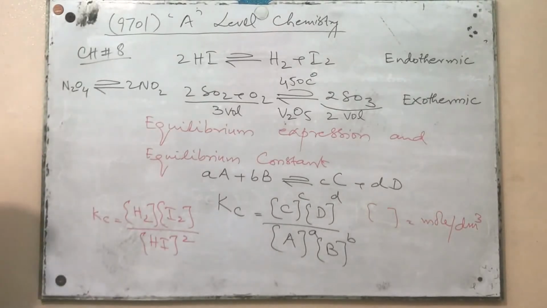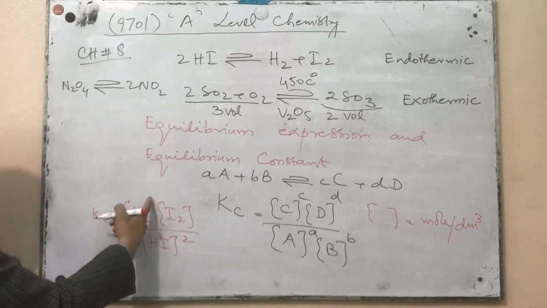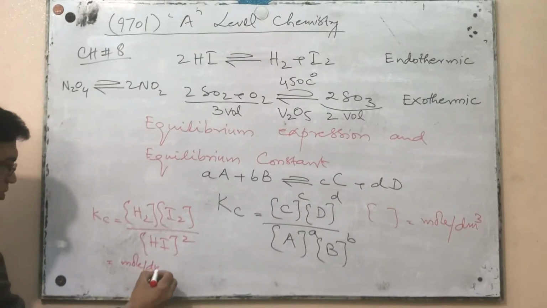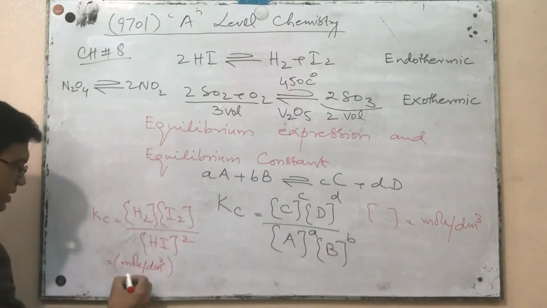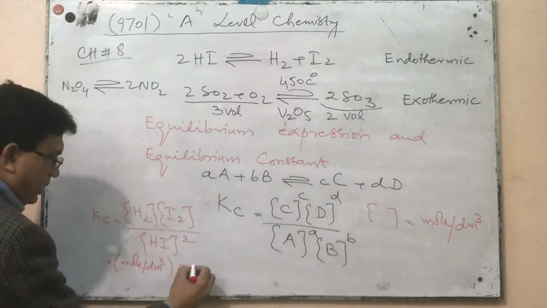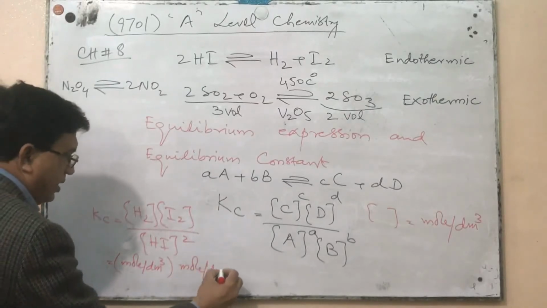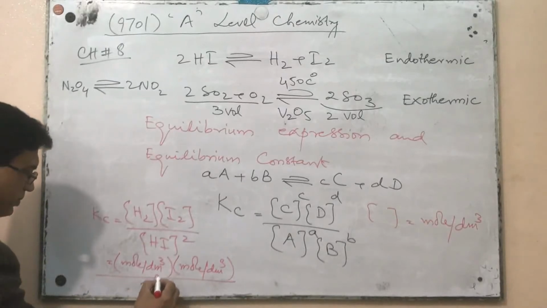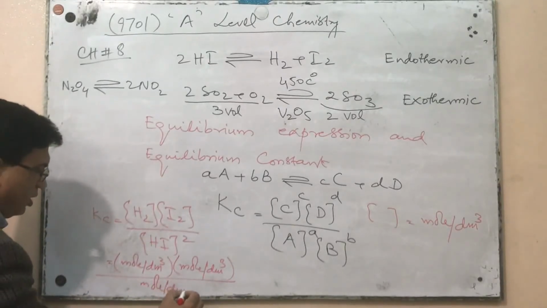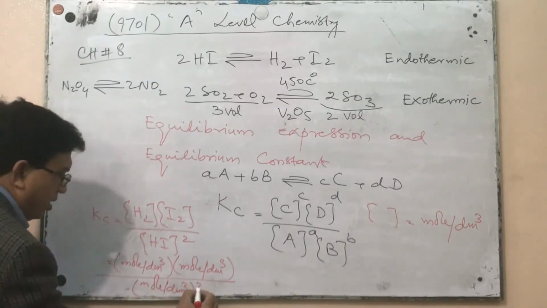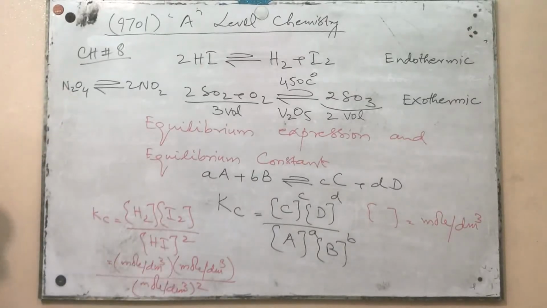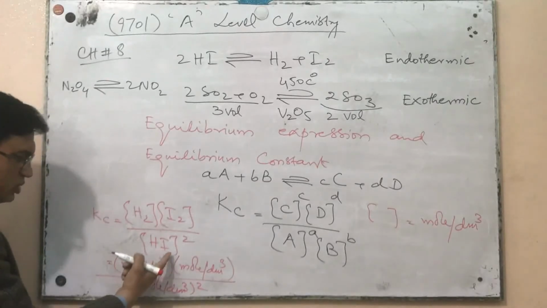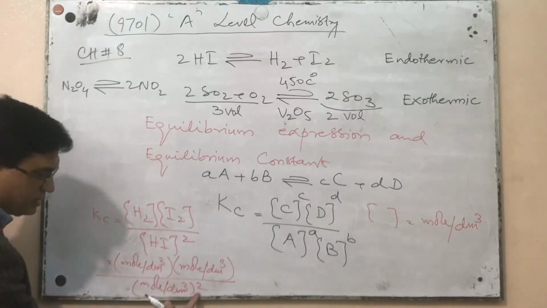Now look at this equation. If brackets indicate mole per dm cube, this is mole per dm cube for iodine, and now mole per dm cube for HI, hydrogen iodide. Now this also contains power 2 and this is also power 2.